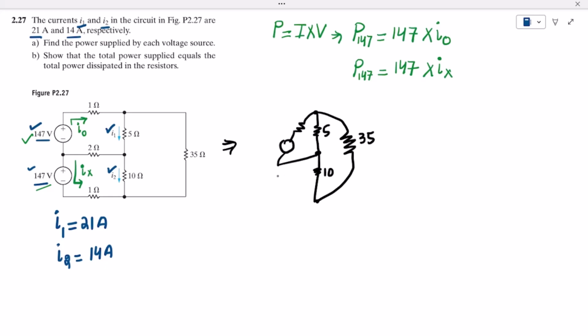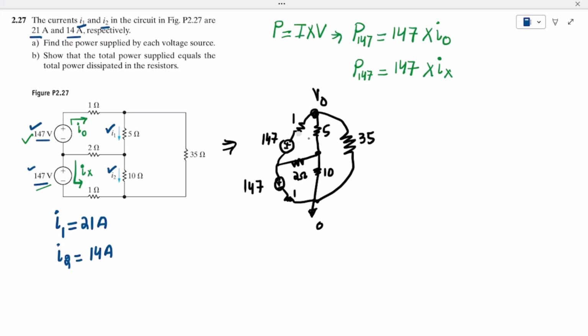These are all connected here. Let me take this one as the ground. This is plus minus 147, and again this is plus minus 147. This is another resistor, 2 ohm, and these are 1 ohm and 1 ohm. Let me call this voltage V naught.